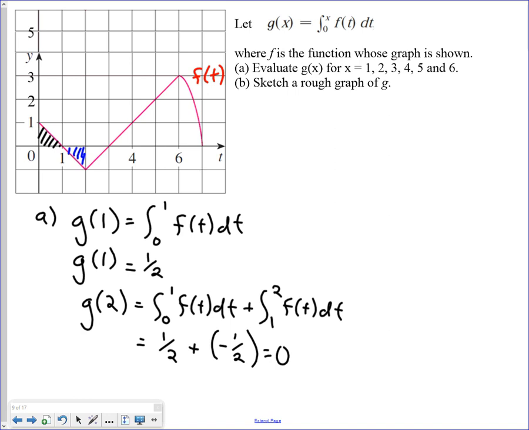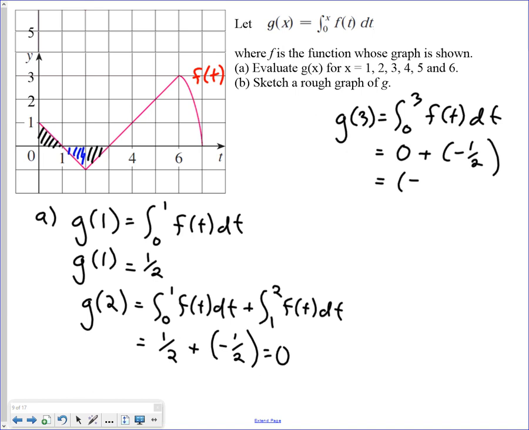So we can continue in this way. g at 3 is going to be the integral from 0 to 3 of f at t dt. We know that this is going to be the area that we've accumulated going from 0 to 2, which is 0, plus the area that we accumulate going from 2 to 3, which is going to be another negative 1/2.